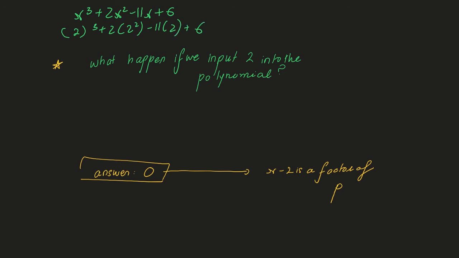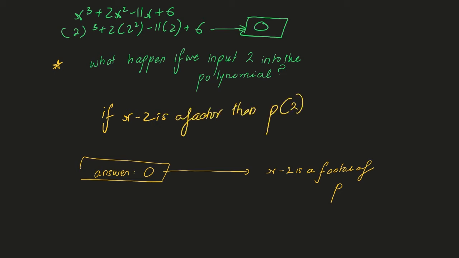If you solve this, you will get the answer 0. That is basically a proof that x minus 2 is a factor of p. So here we get a rule: if x minus 2 is a factor, then p(2), meaning when we input 2 into the polynomial, should be 0.